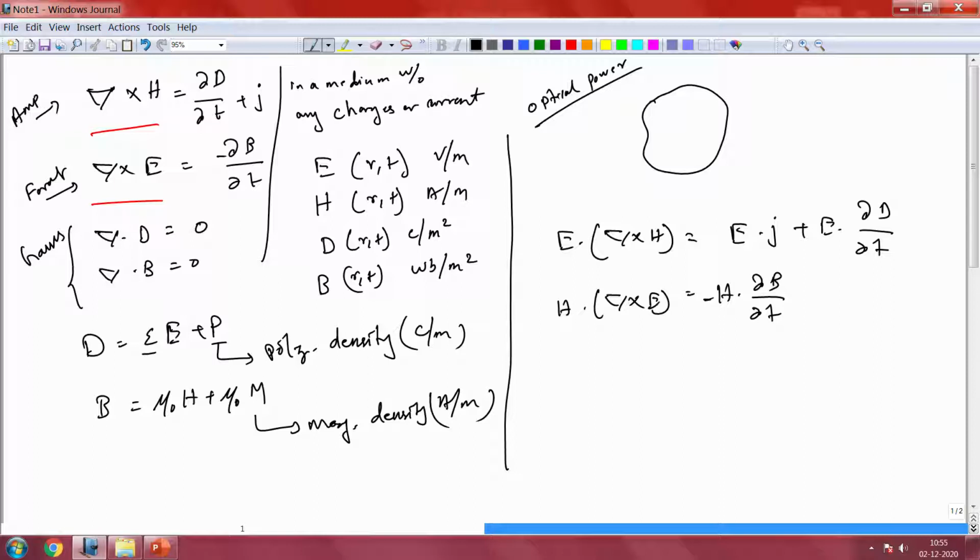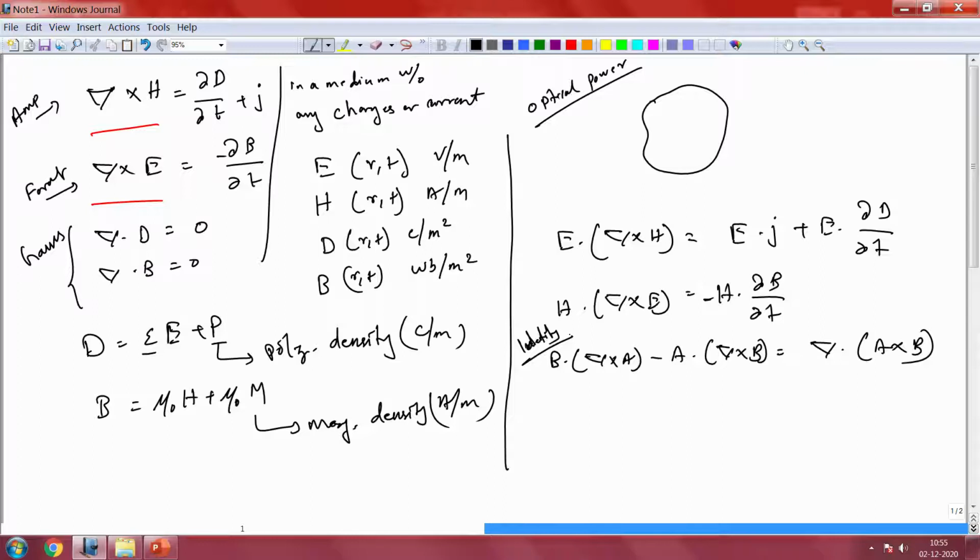So, by using the identity, basically the identity is B dot del cross A minus A dot del cross B can be represented as del dot A cross B. So, this is the identity, right.